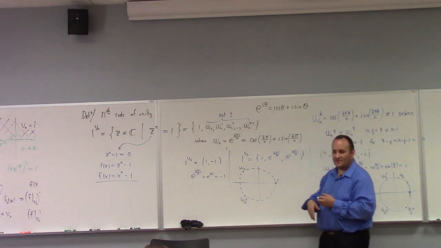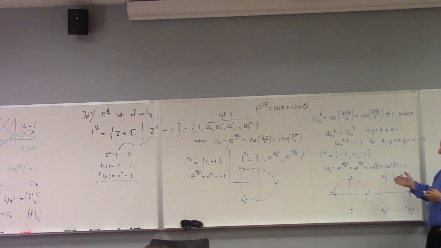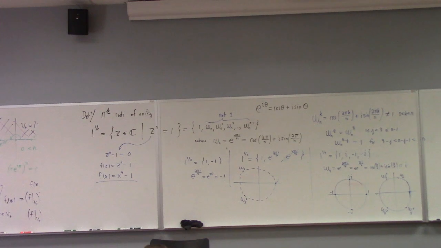One other fun fact, and I'll stop talking about it. What do you think the sum of the roots of unity should be? I can start us out with the second ones. What's 1 plus minus 1? 0. What about the third ones? What would the sum of those be? Still 0.